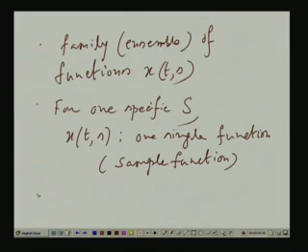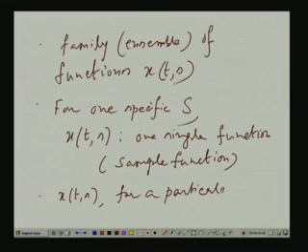On the other hand, x(t, s) for a particular t is a random variable. This is very important.